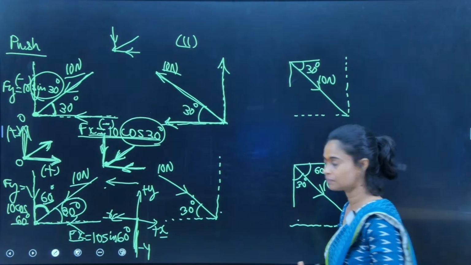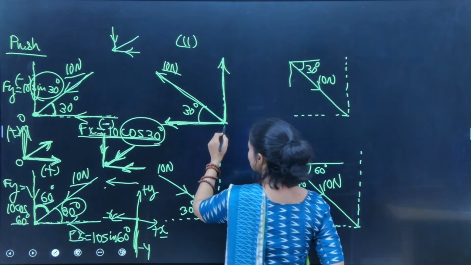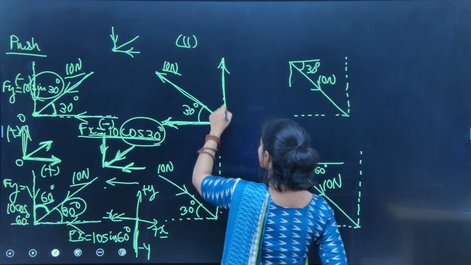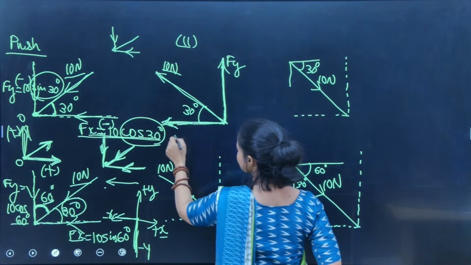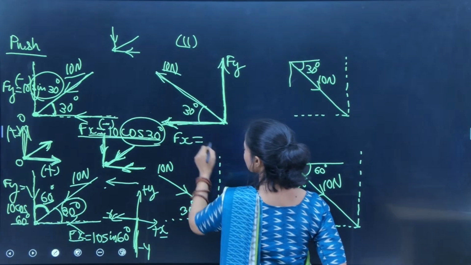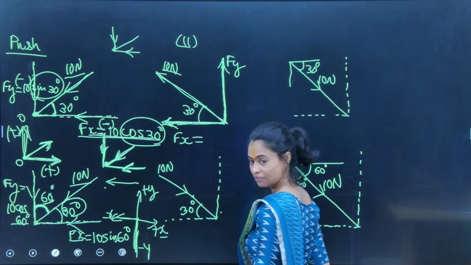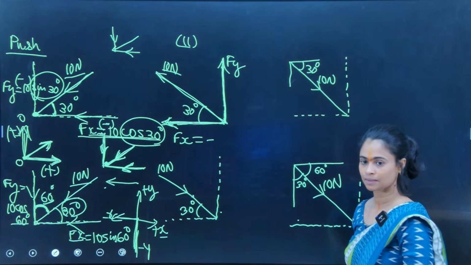This much is clear? Fx will go away, Fy will go away. So Fx is going towards the left, Fy is going upward, right? Since Fx will be acting leftwards, I'll take it as negative.